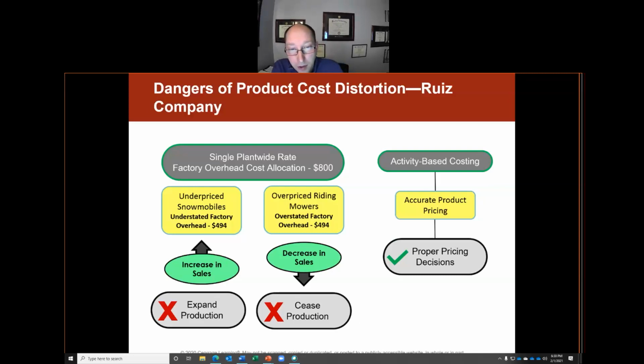So, what we just saw, single plant-wide rate, we're over or under using the multiple department rate by $138. If we compare the single plant-wide rate to activity-based costing, which is what we're doing on this slide, our snowmobiles are understated, or underapplied factory overhead, by $494. Our riding lawnmowers are overapplied by $494.